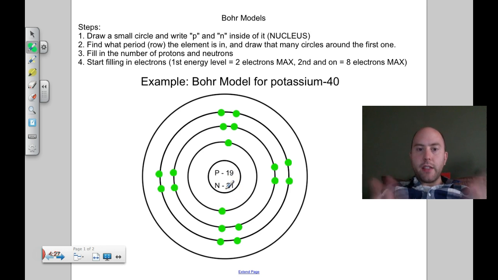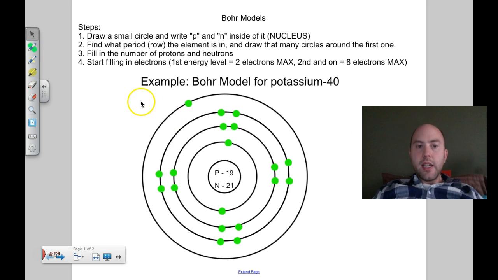All the rest can have 8. So I have 2 electrons on the first energy level, 8 on the second, 8 on the third. If you add these up, that's 2 plus 8 plus 8, a total of 18 electrons. Remember, I need 19. So now I just need 1 more, which I'll put on the outermost energy level.